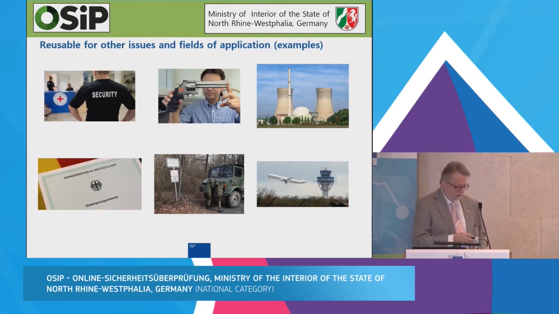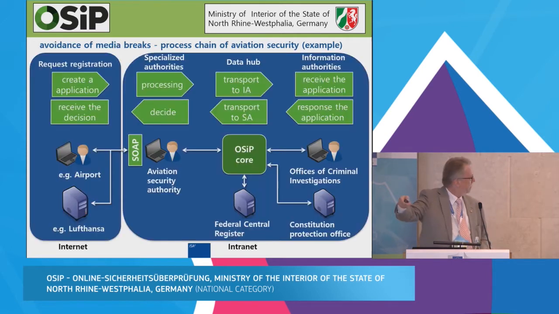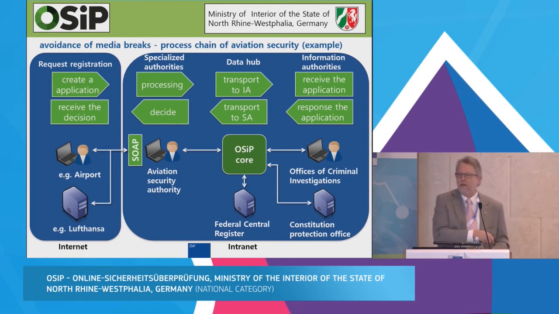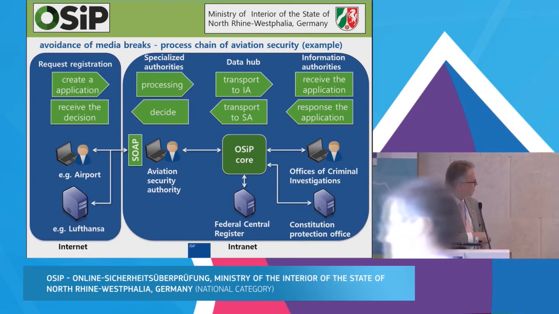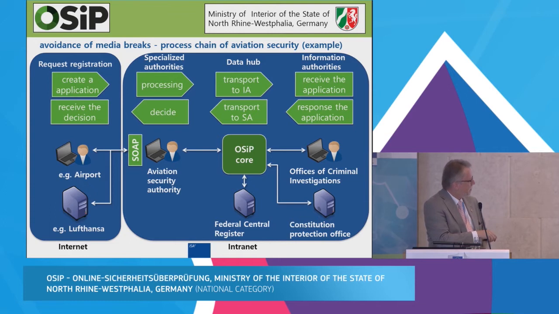If you look at the slide, you see the airports or the air companies such as Lufthansa. Who knows Lufthansa? I think a lot of people, yes. You see the Aviation Security Authority, and you see an OSiP core, that's the data hub, which processes the applications coming from the airport, for example, to the offices of criminal investigations, constitution protection offices, sometimes called Secret Service, and to federal central registers.